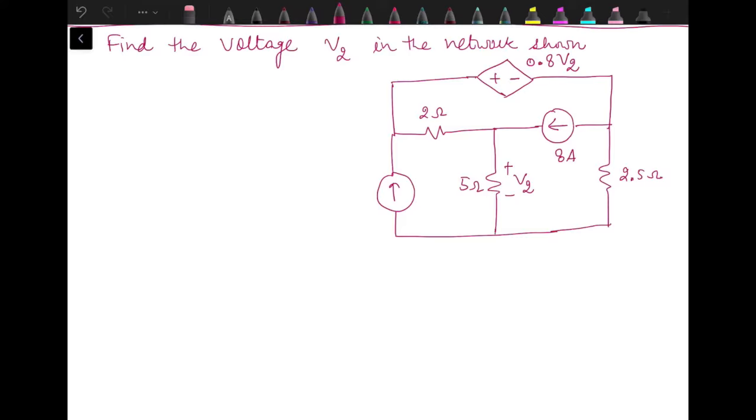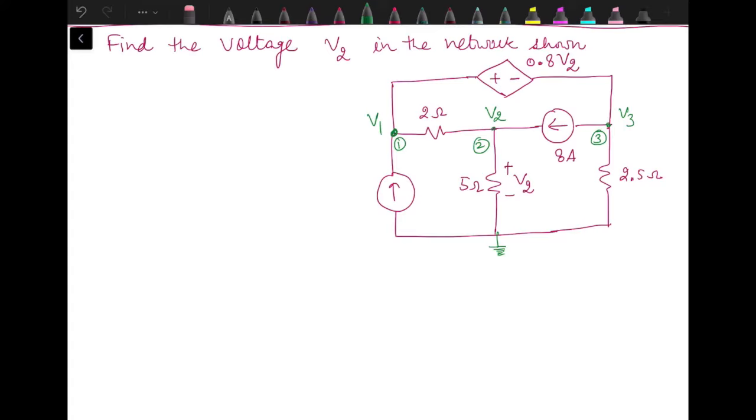So the first step in this problem is we have to identify how many nodes are there. 1, 2, 3. Let's assign the voltage to these as V1, V2 and V3, considering this one as a reference.